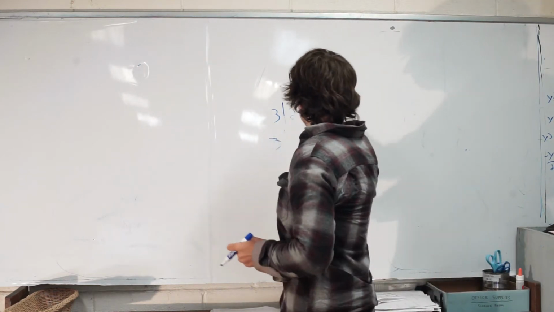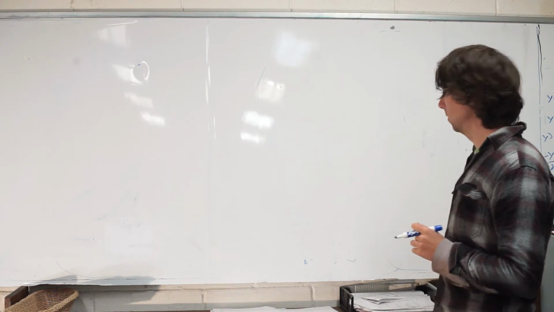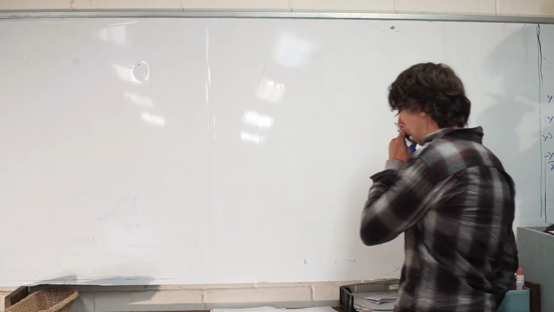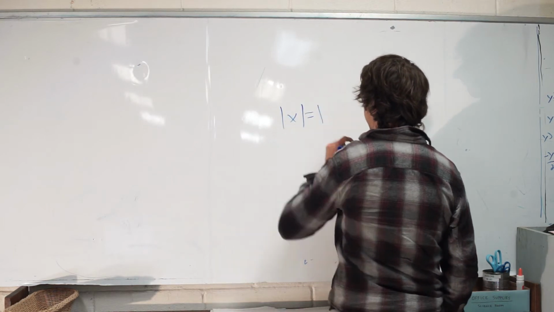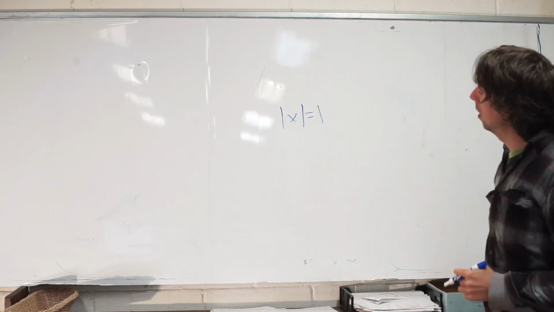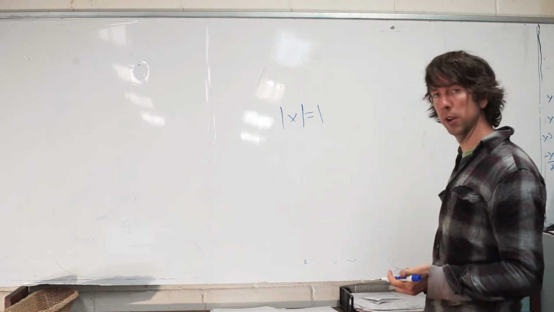Now, when you introduce variables, you get some other tricky stuff that happens. So, you might think, oh, well, the absolute value of x, that'll just be x, and so x is just 1.